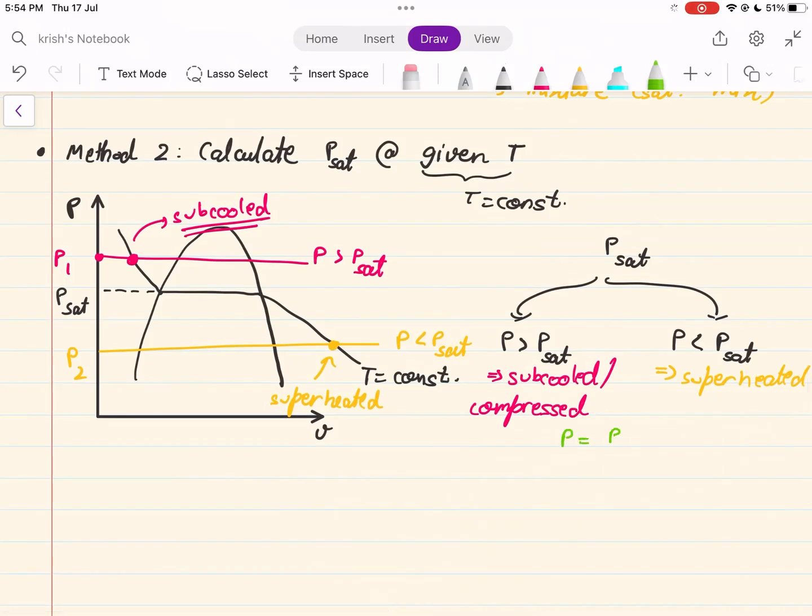And again, if P equals Psat, that means it will lie somewhere on this line, anywhere on this line, and it will be a saturated mixture. Later on, we'll also learn how to find where exactly on this line our substance is lying through a variable known as dryness fraction.